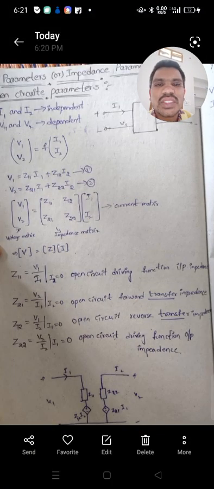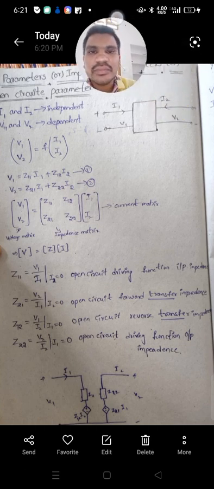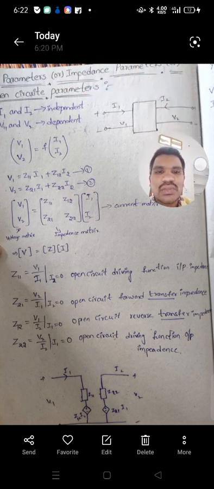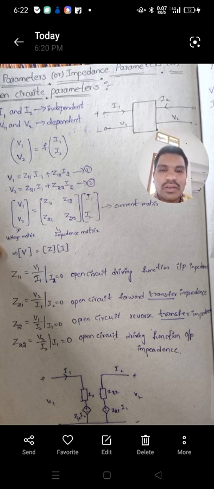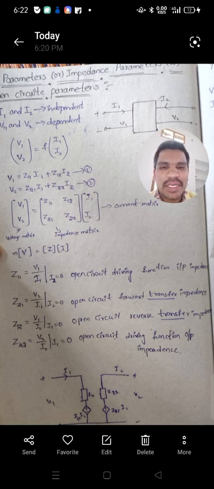First one, Z parameters, also called the impedance parameters or open circuit impedance parameters, because here we are considering V1 and V2 as dependent sources and I1 and I2 as independent sources.